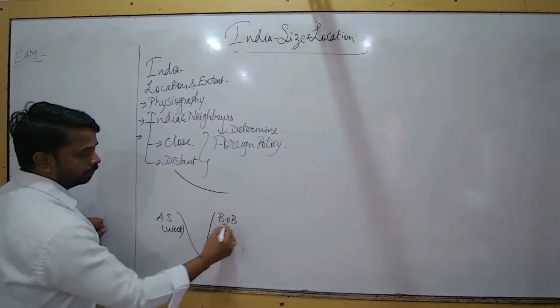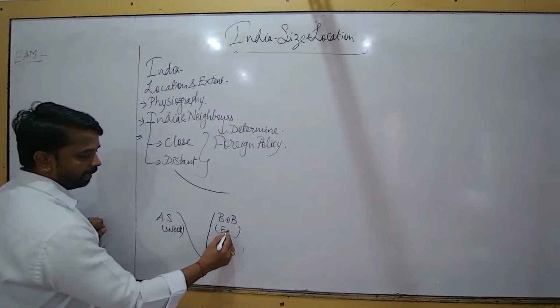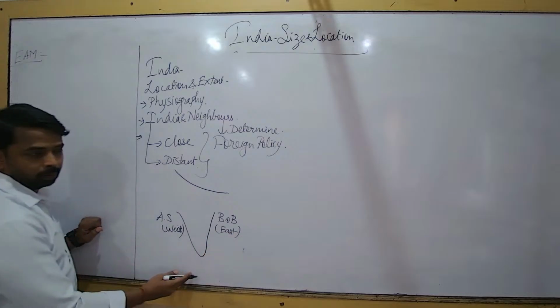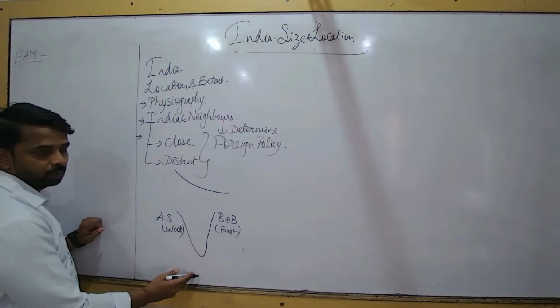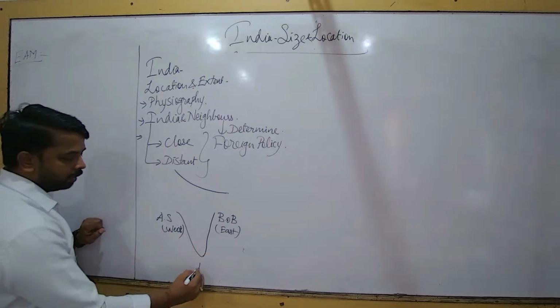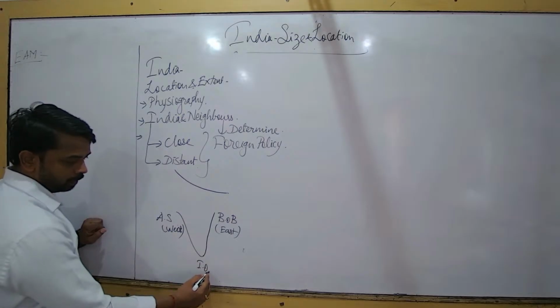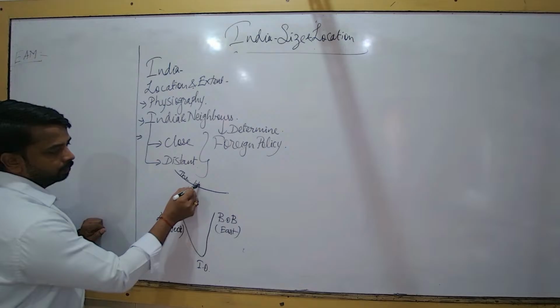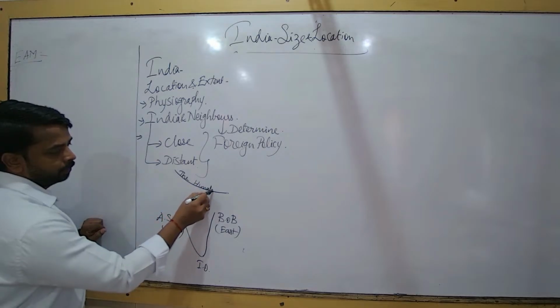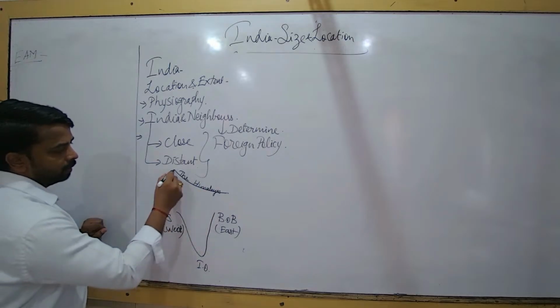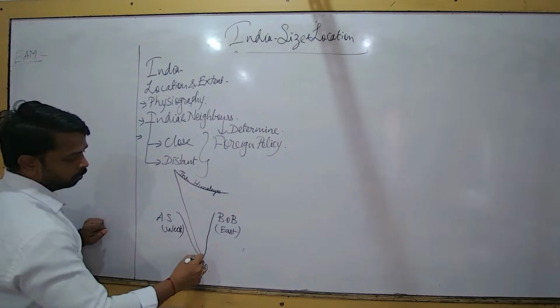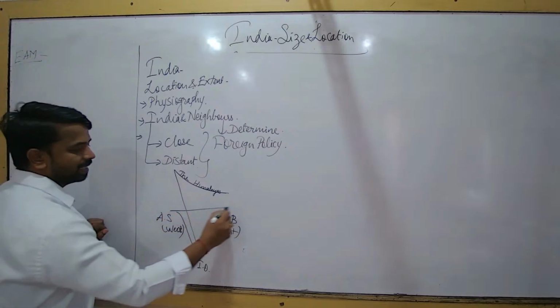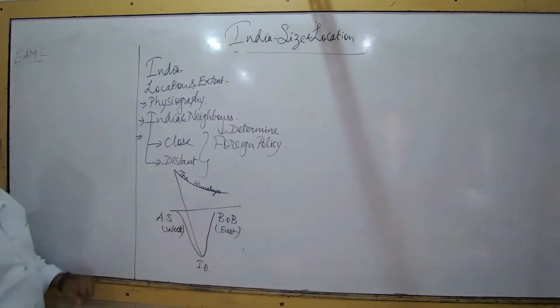Bay of Bengal on the east, and to the south, Omkar, what is it? Indian Ocean in the south, correct? And the Himalayas in the north. Then we had discussed on that day the north-south extent of India. Then the west-east extent of India. This is what we have discussed.